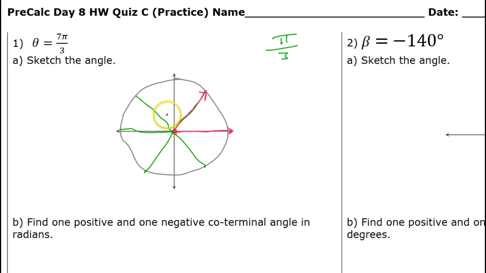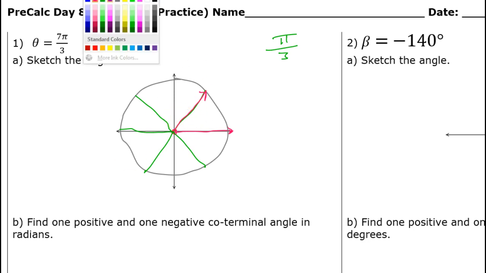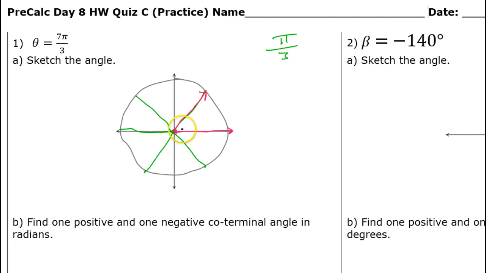Now you notice I went all the way around the circle and then some. So part of drawing this angle is showing that path with this curly path that I'm going to draw. I went all the way around like this and then back to here. If I just went from the pink ray to the next pink ray, that would be the reference angle of pi over 3.